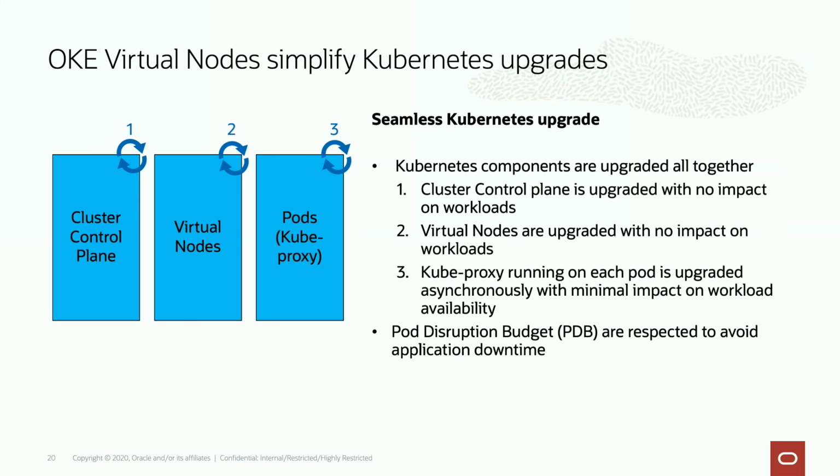But then there's a tiny component that runs with each one of the pods, and that component takes care of the networking, and that's kube proxy. So each pod runs this tiny component, kube proxy, and depending on the version, we need to upgrade it.